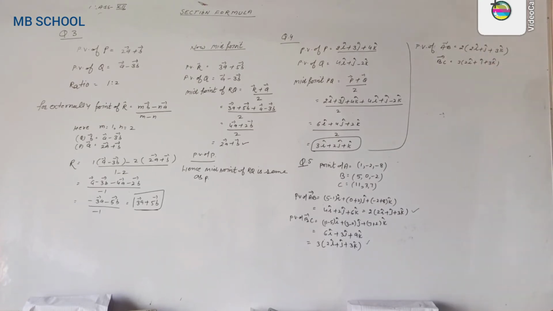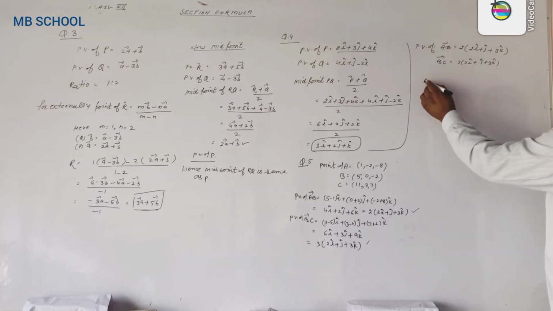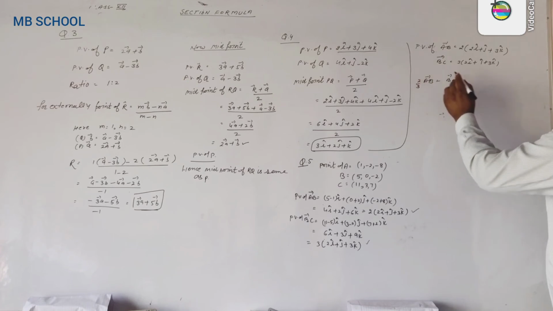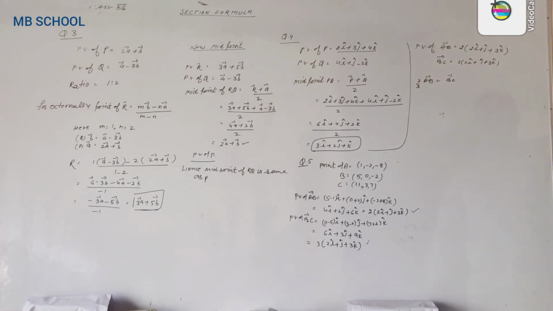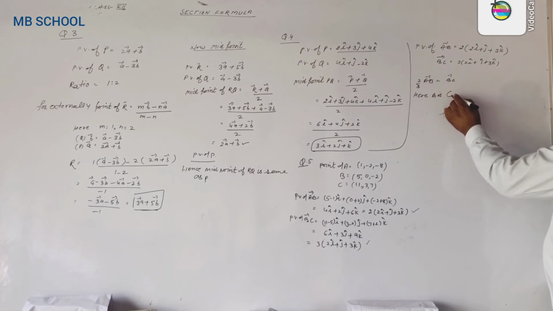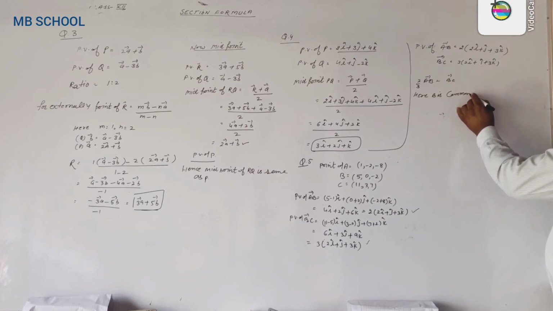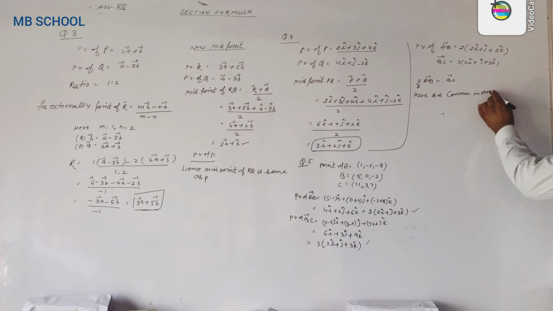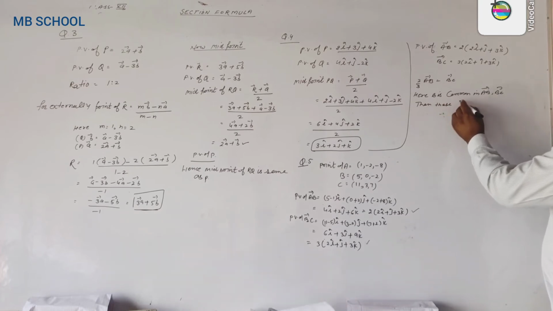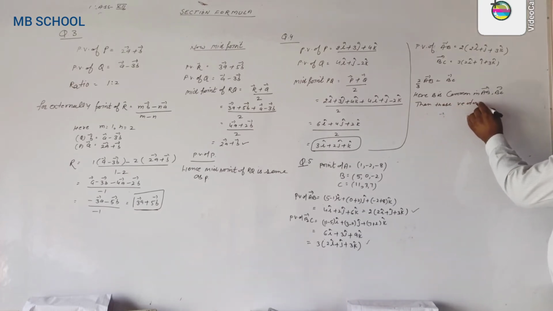So AB is 2 by 3 of the vector BC. Now B is the common point in AB and BC, so these vectors are collinear.